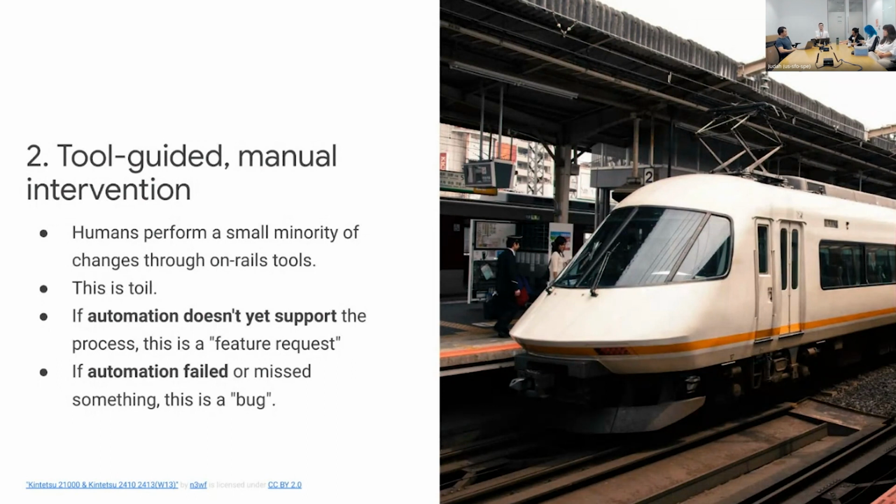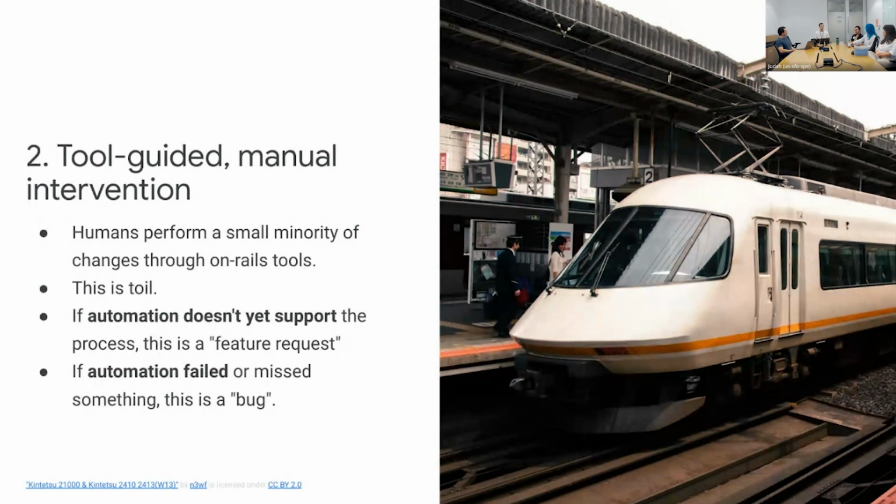That was what I was describing for the IP address automation there. Or this might happen when something in the automation failed. So let's say that the CI/CD pipeline missed a bug and users were affected, and you have to manually trigger a rollback.